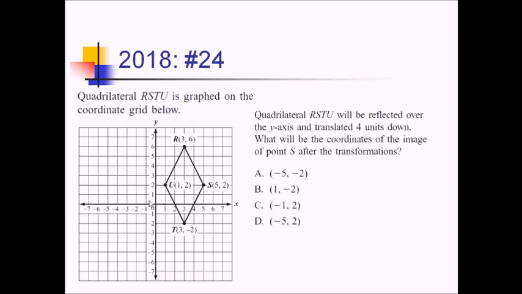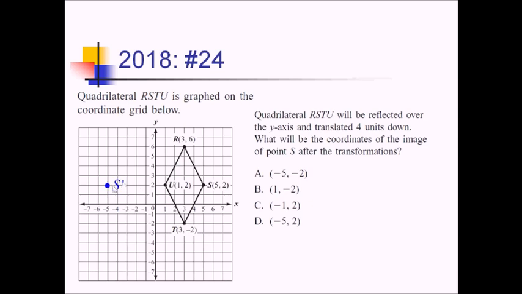Another way, since they actually gave you the shape in the grid, is just to do it visually. So if we have to do a reflection over the y-axis, and we're only doing this for point S, here's S, so reflect that over the y-axis. We're 5 away from the y-axis to the right, so we're going to walk 5 away from the y-axis to the left. And I'm going to call this S prime.